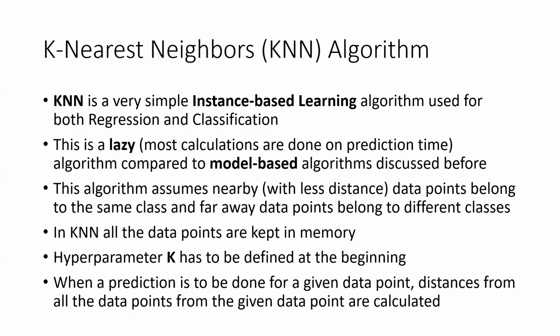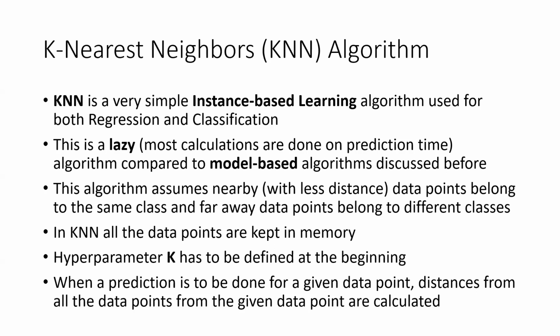With a model-based algorithm this is a bit difficult because you have to train the algorithm again and again when new data arrives. But with k-nearest neighbors, because you don't have to train a model, you just add the data point into the algorithm and directly make the predictions. So this is known as a lazy algorithm.